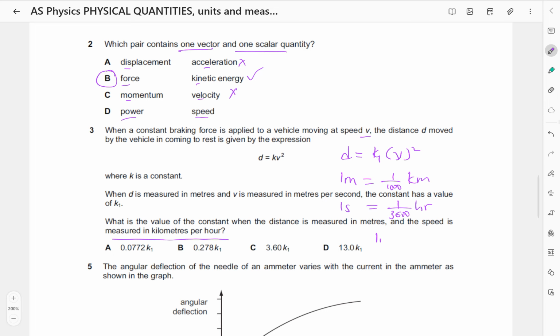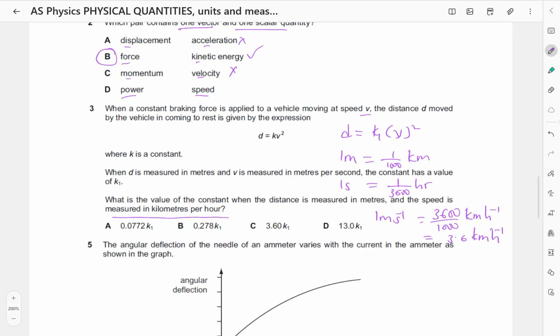That means 1 meter per second is going to be 1 over 1000 kilometers divided by 1 over 3600 hours, which becomes 3600 divided by 1000. So the answer here is in kilometers per hour: 1 meter per second is going to be 3.6 kilometers per hour.